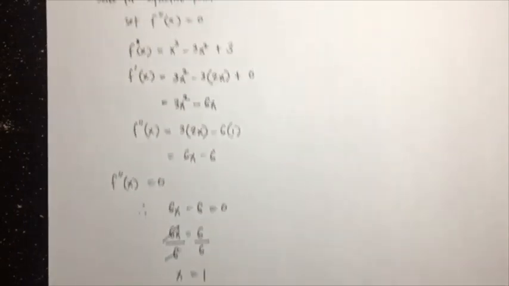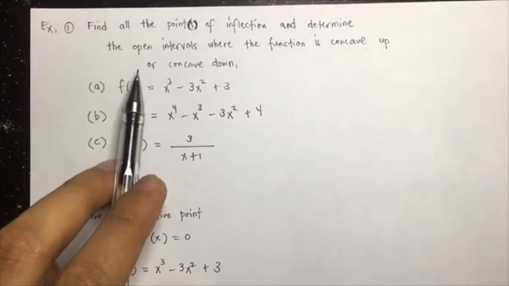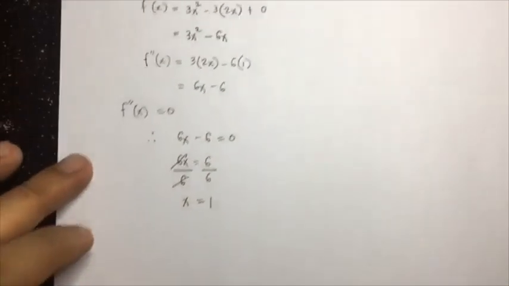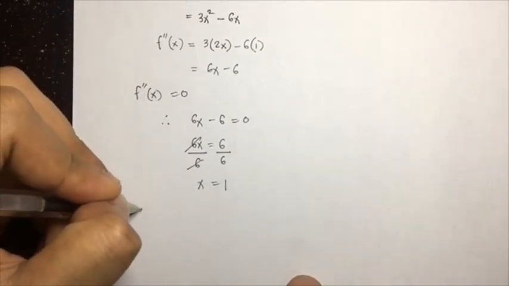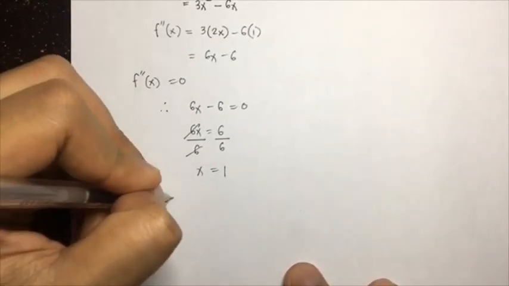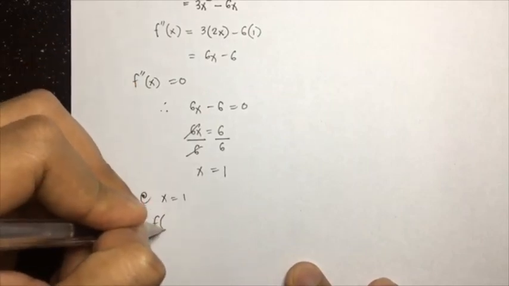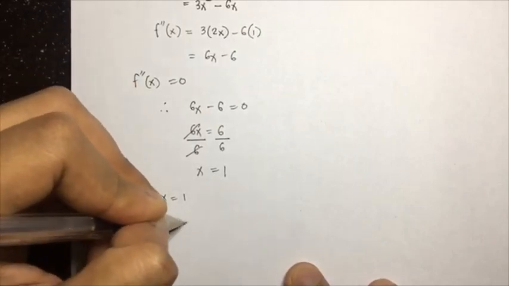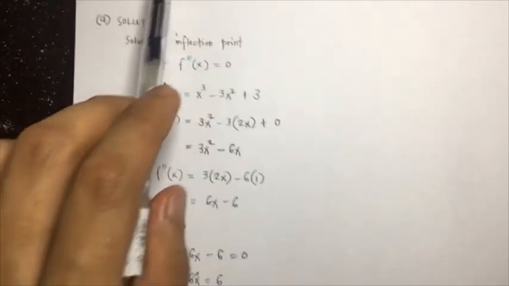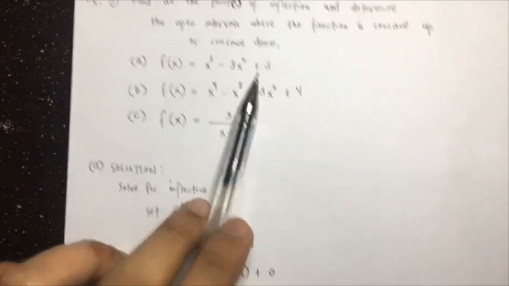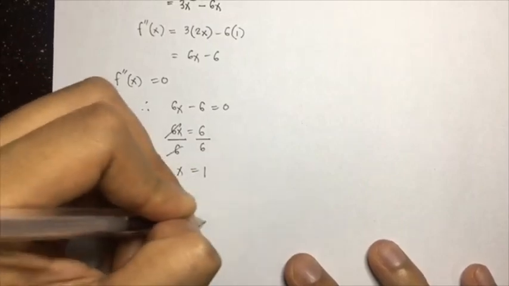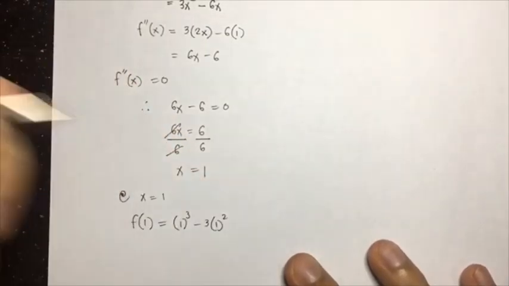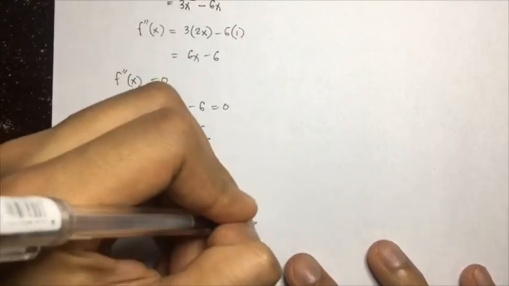Since we are solving for the point, we must also solve for f of x at x is equal to 1. So f of 1 is equal to, substituting in our original function x cubed minus 3x squared plus 3, 1 cubed minus 3 times 1 squared plus 3.